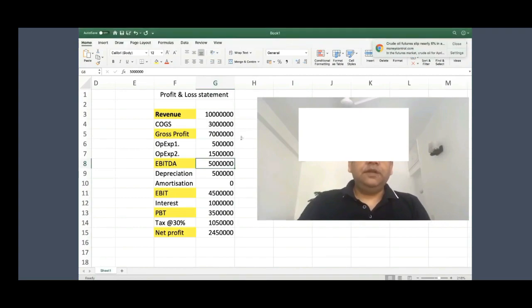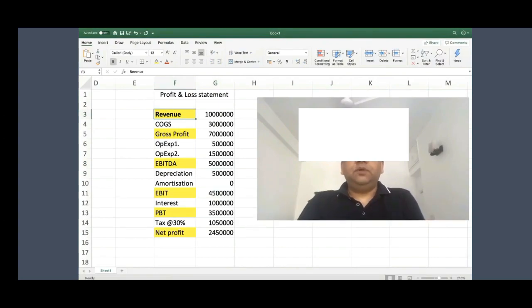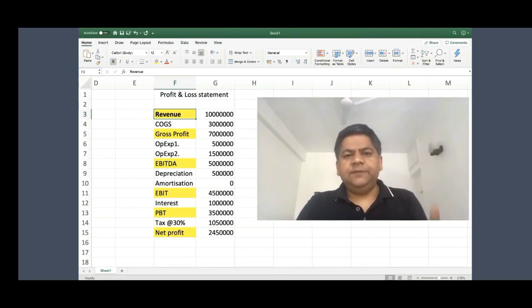So the very first term you come across is revenue, right? Whatever product you are making, you have to sell it, and when you sell it you generate revenue. In the service industry you provide services, for that you bill your client, and that is called your revenue, right?